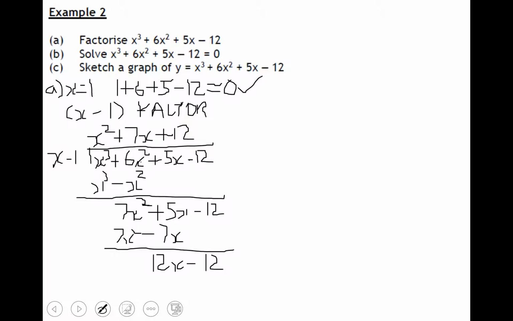That's plus 12. 12 times x minus 1 is 12x minus 12. Subtracting, we get 0. Now if we didn't get 0 for that remainder, we would conclude that we've made some sort of error and have to start again, either with trying to find the correct factor or correct our algebraic division. So far the factorisation is x minus 1 times x squared plus 7x plus 12.